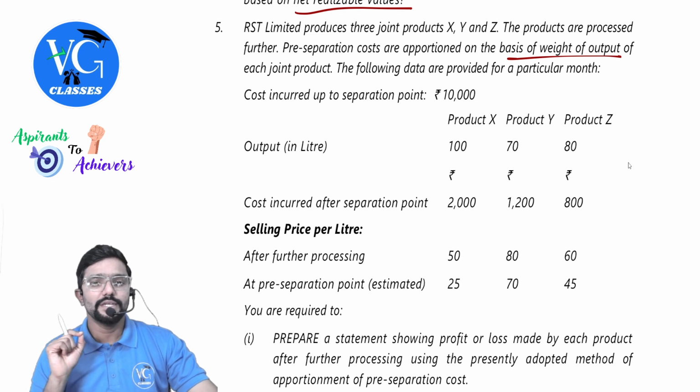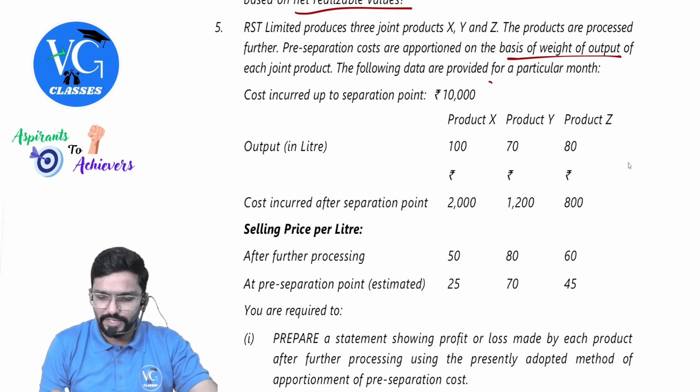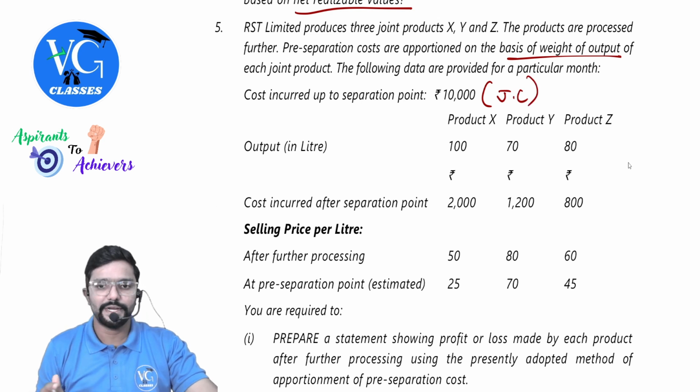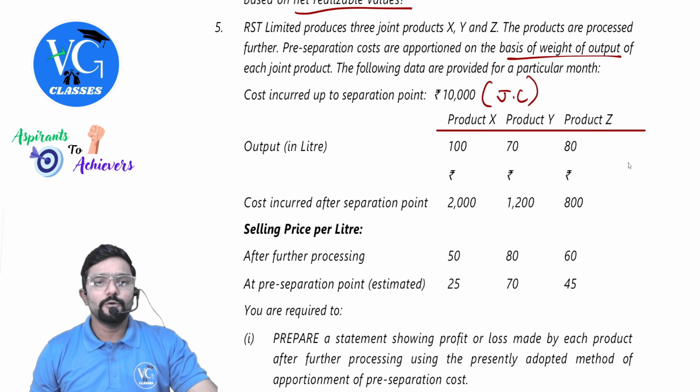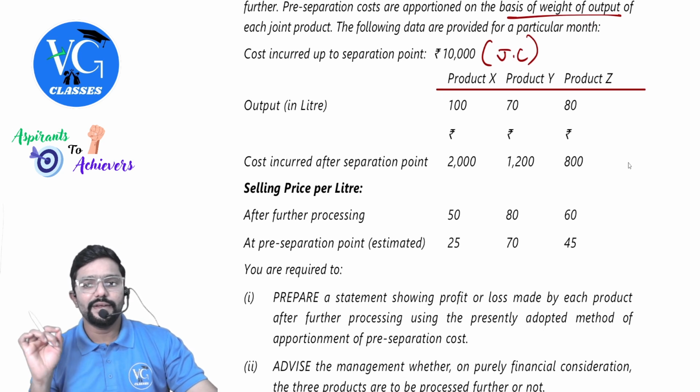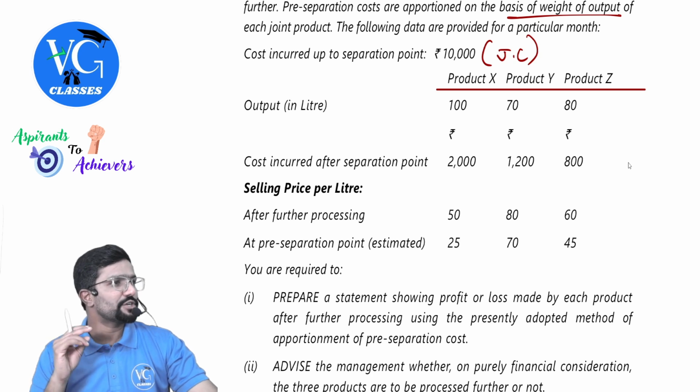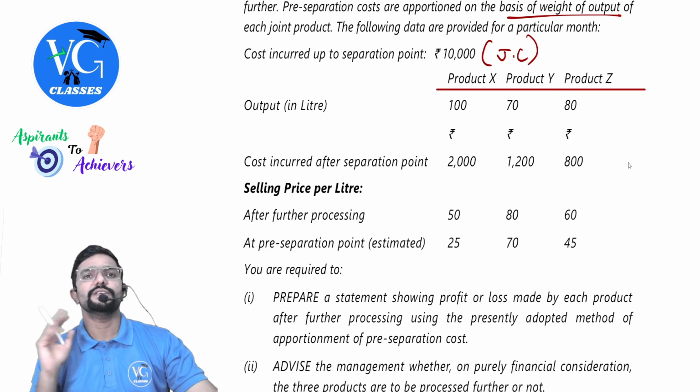Cost incurred up to the separation point is 10,000, which is the joint cost. Output in liters for X, Y, Z is 100, 70, 80. Take this only as a ratio to apportion joint cost. The ratio is 10 is to 7 is to 8.